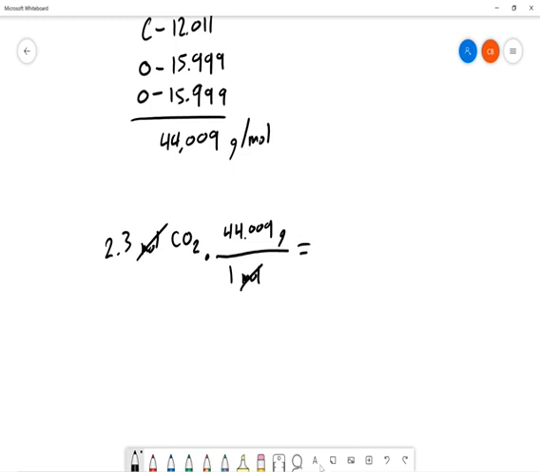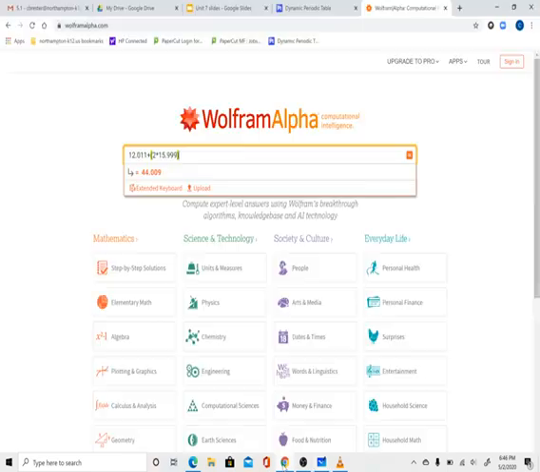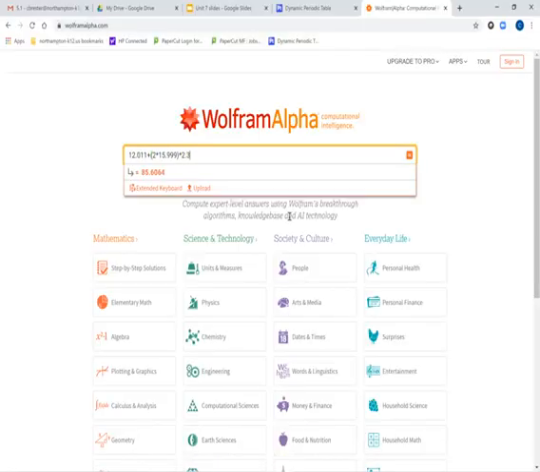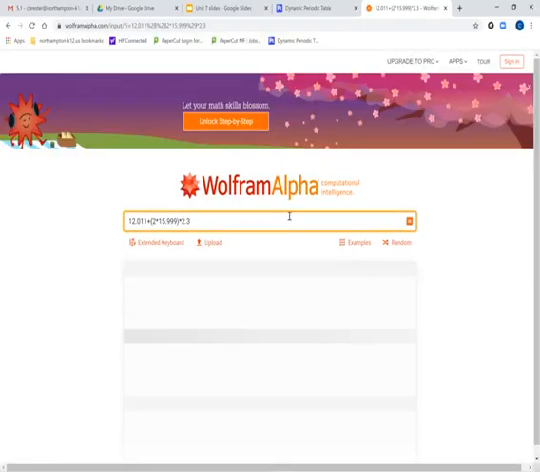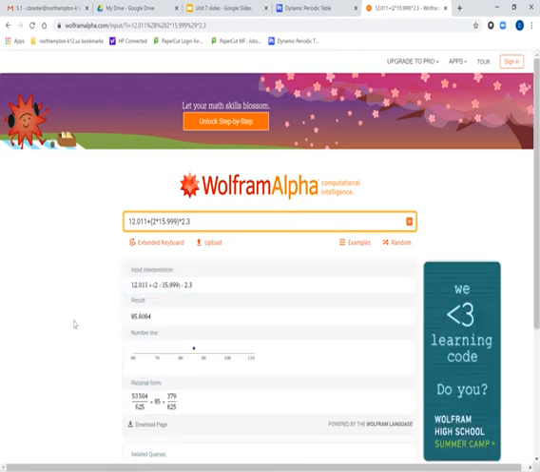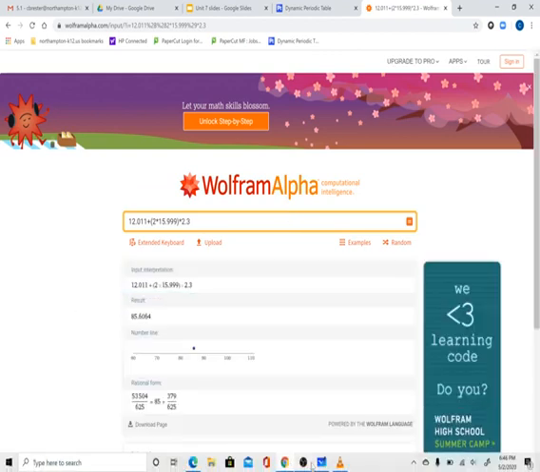So it's the same mathematical process that you were doing for 7.1. All that you have to do is add up all of the elements first, and then you just do the same sort of unit conversions that you had done before. So 2.3 times the mass per mole means that we will get 85.6 looks like.